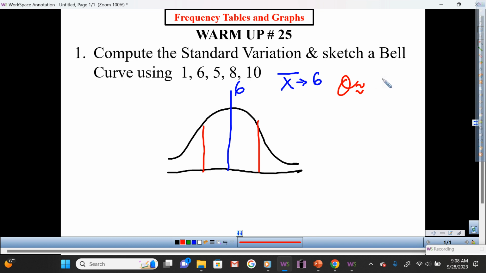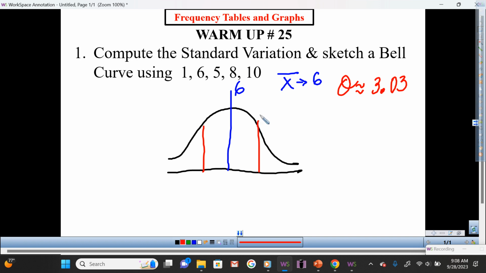What was it? 3 point what? 3.03, hands if you got something like that.